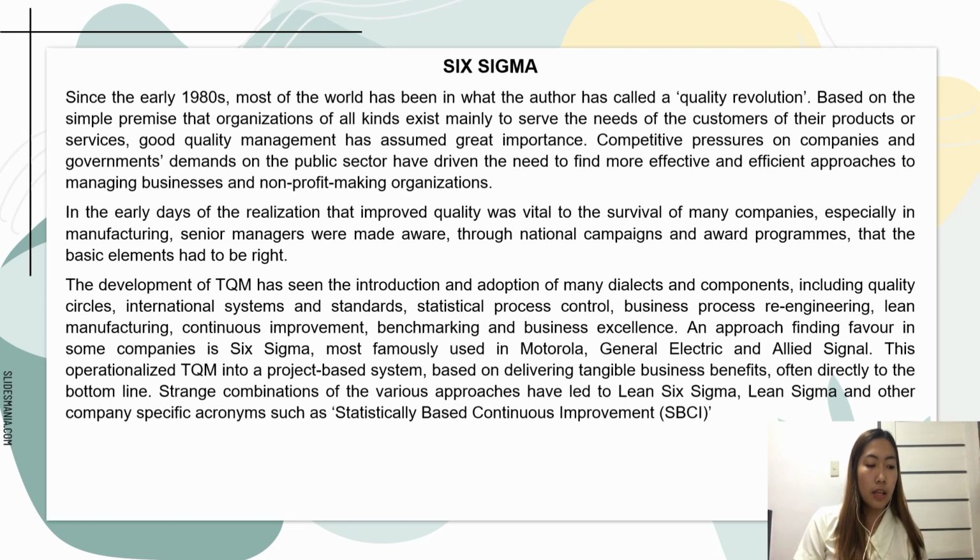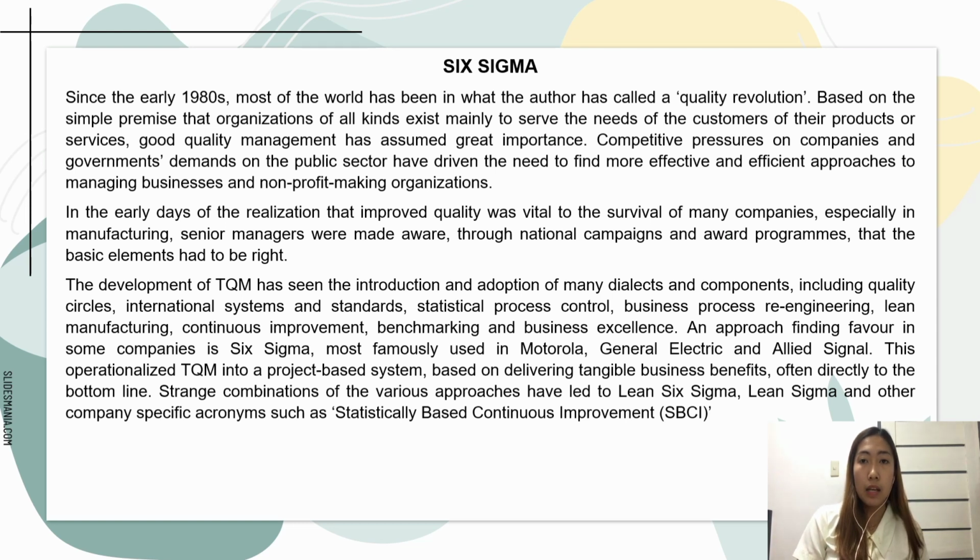Then, Six Sigma is a statistical measure. Six Sigma is a methodology based on data. Statistical analysis is used to determine the root causes of a problem. The Six Sigma calculates process performance using its own unit known as the Six Sigma unit.